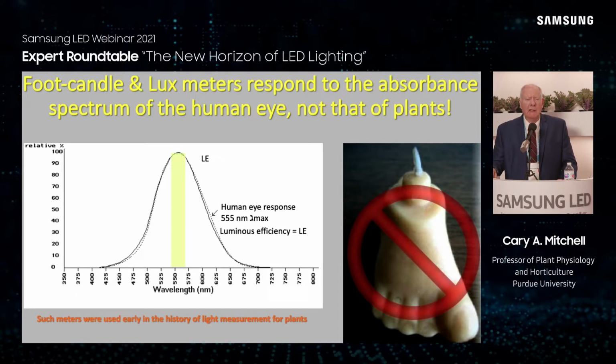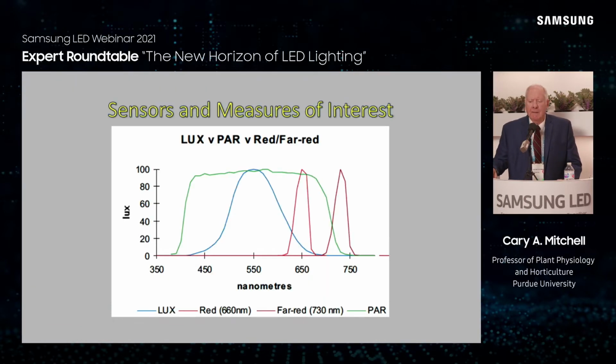So I recommend not using old foot candle or lux meters for plants. Here are some units. The green one is the quantum sensor that integrates from 400 to 700, and it's really the area under that curve that's giving you the PPFD.